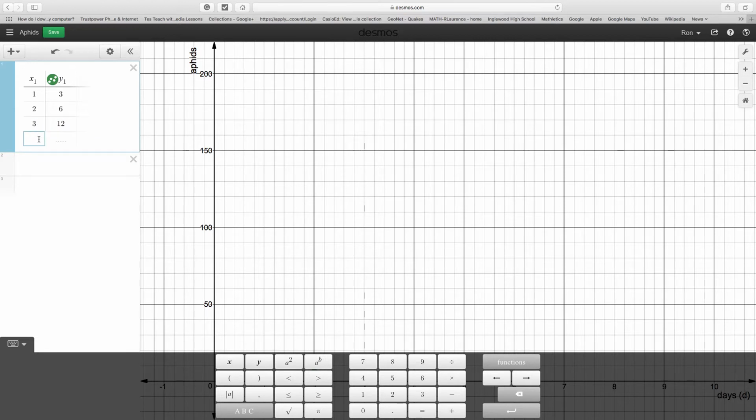X equals 4, we had 24. X equals 5, we had 48. X equals 6, we had 96. And x equals 7, we had 192.